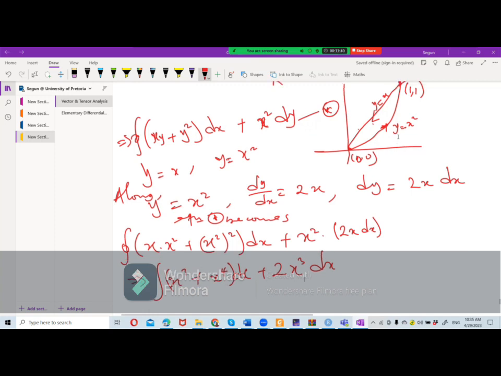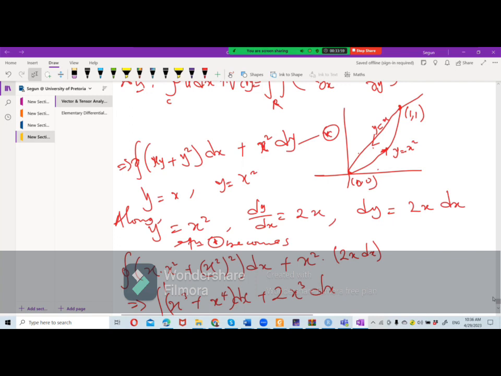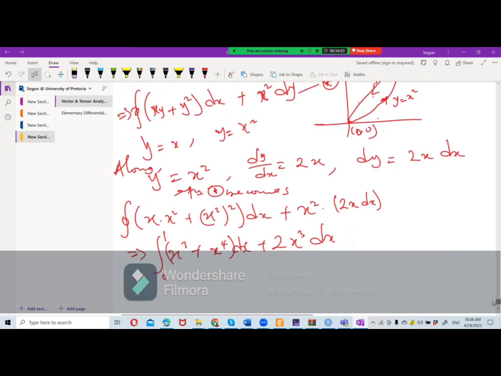So we can go ahead and integrate with respect to x from 0 to 1 from our graph here. So what do we have?